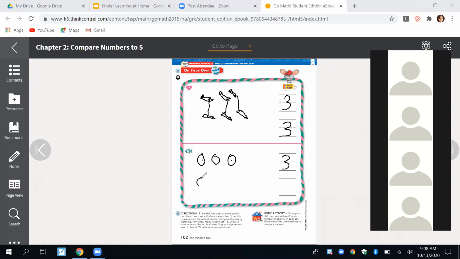Okay, I'm gonna draw 4, and then we need to compare just to make sure you're right. The 4 is greater or bigger than 3. Okay? Remember, this is my strategy. 1, 2, 3. Good job, Christian. You were right. 4 is bigger or greater than 3.